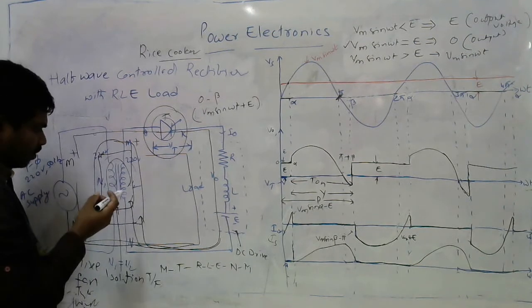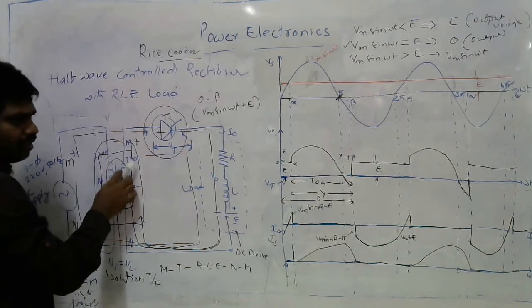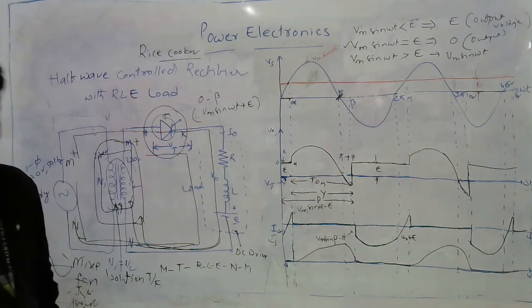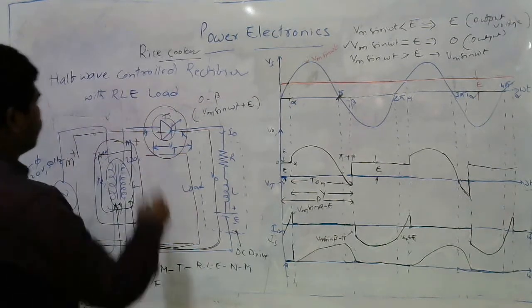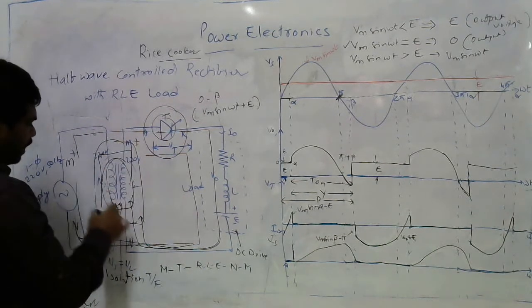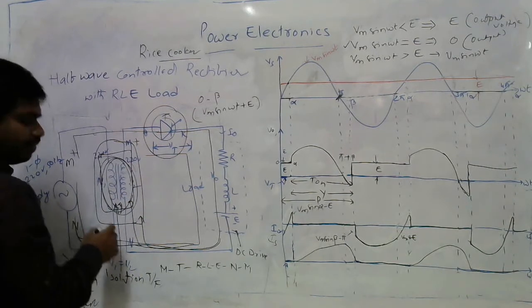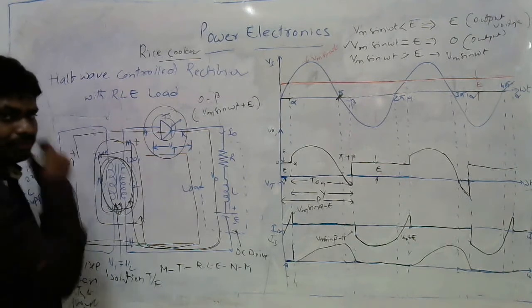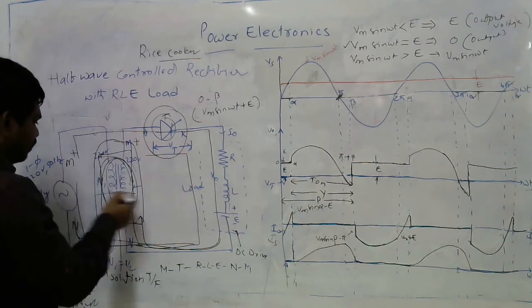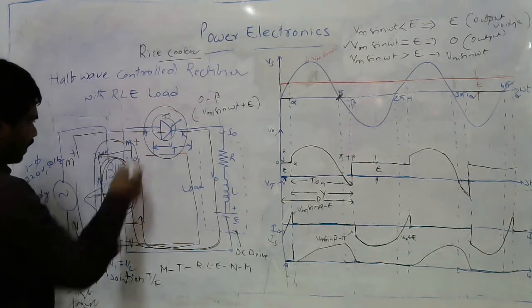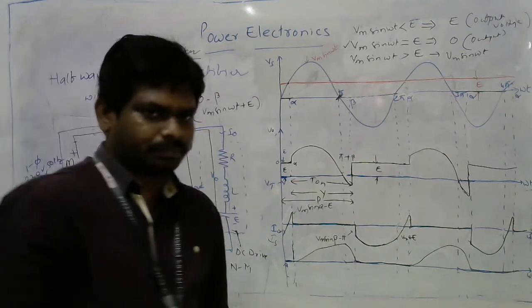A small transformer, which we call an isolation transformer. If it is damaged because of high inrush current, or high current flowing, then it is immediately going to be damaged. If it is damaged and not properly grounded, then it will give the direct path to the currents into the main supply.